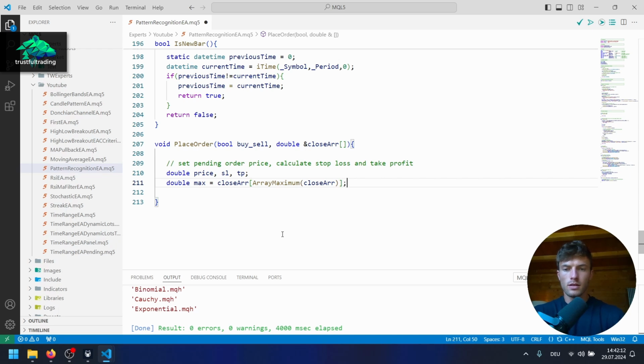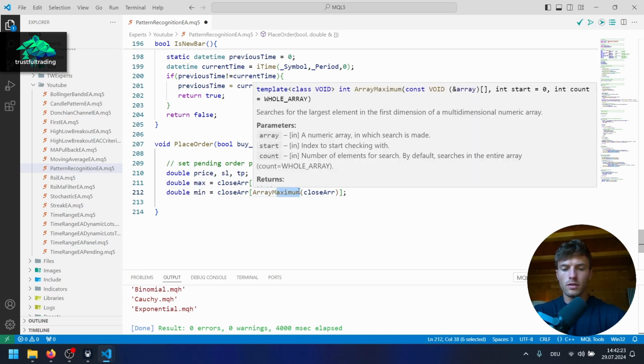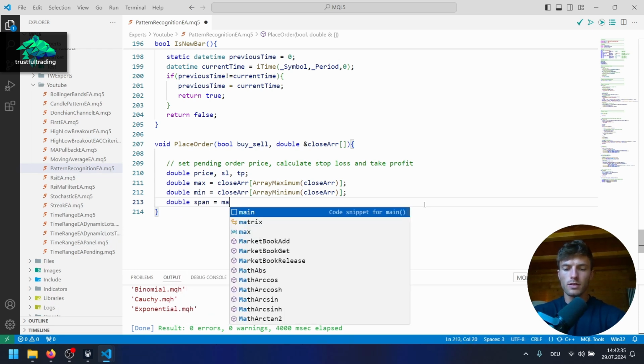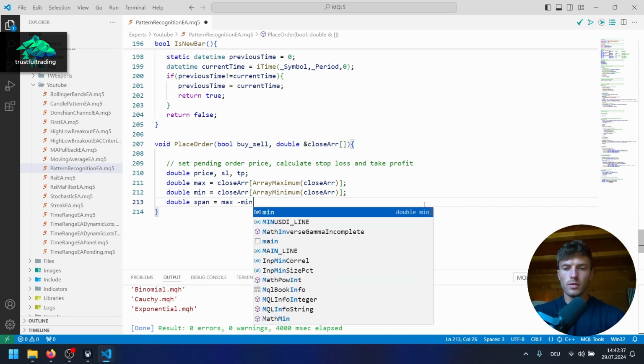and we do the same to get the minimum value. So double min, close array, and of course array minimum here, like this. And let's also create a variable of type double for the span. So here we just use max minus the minimum.